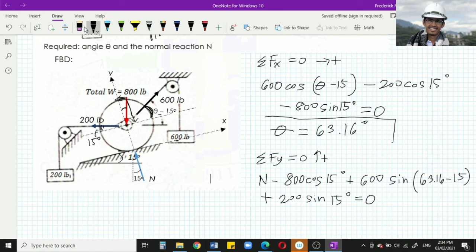Therefore, computing for the normal force N, so N will be equal to 273.97 pounds. Okay, so this will be our answer.